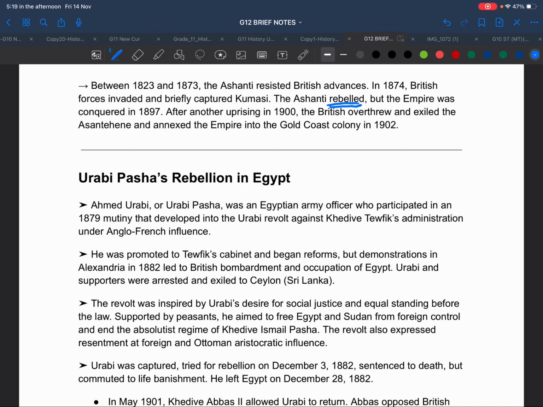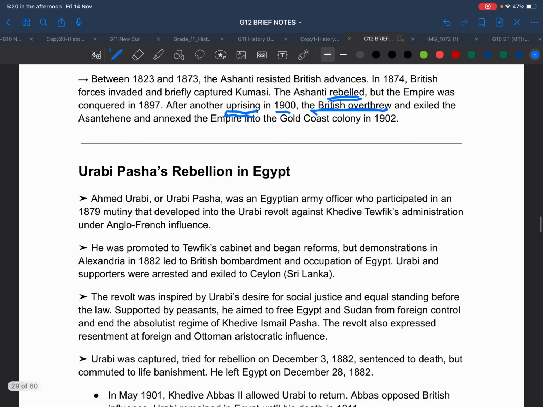After another uprising, another rebellion against the British in 1900, the British overthrew, toppled, and exiled the Ashanti from the territory and annexed the Ashanti Empire into the Gold Coast colony in 1902, almost.